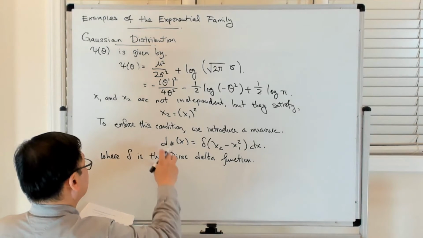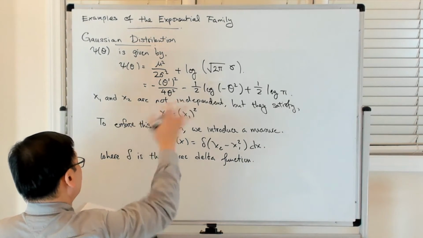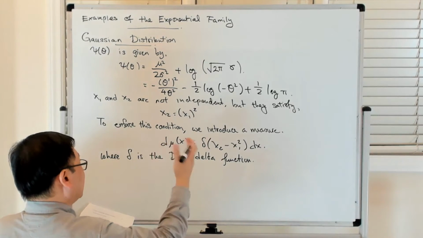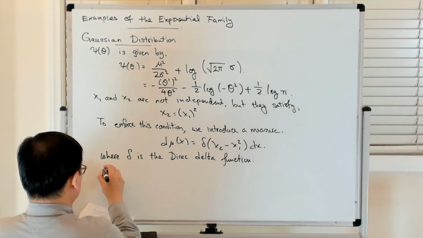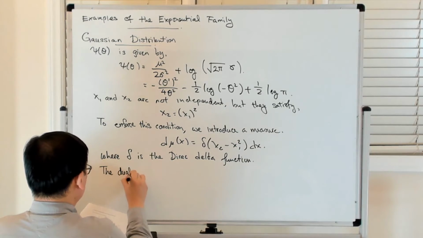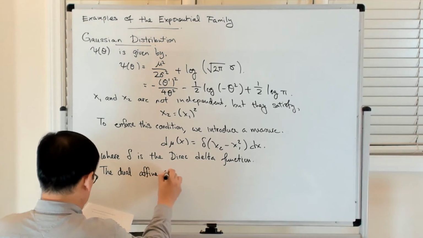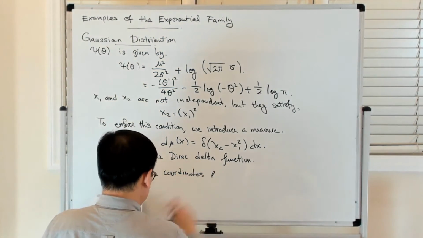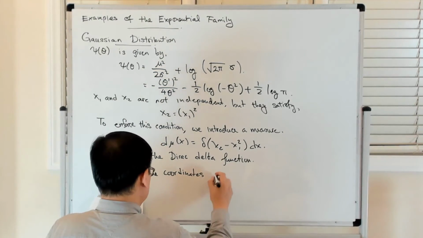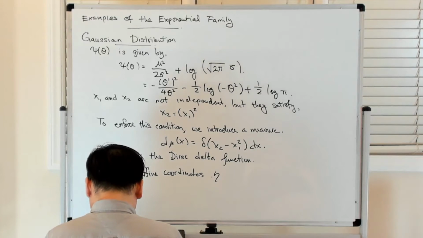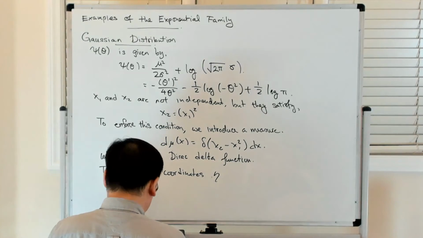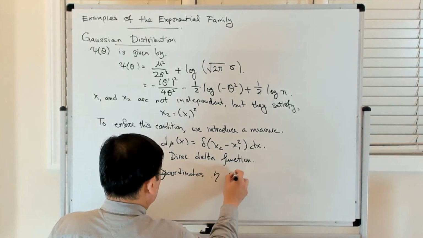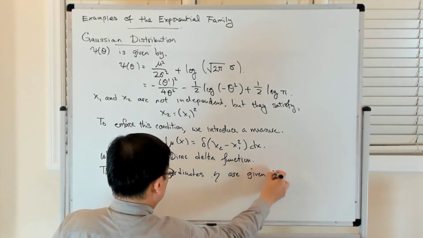So that's how we need to think of the Gaussian distribution as a member of the exponential family. Then the dual affine coordinates eta, in terms of the expectations, are given by the following.